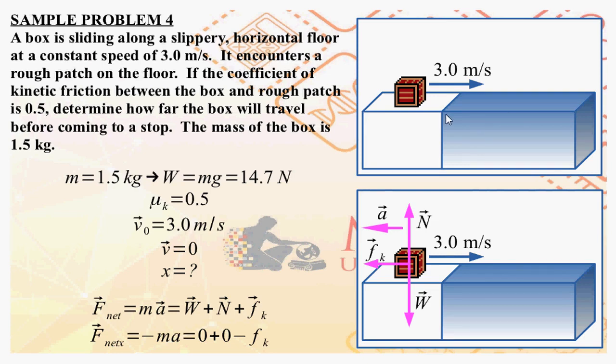But it encounters a rough patch on the floor. So, on this rough patch on the floor, there will be friction between the box and the floor. The coefficient of kinetic friction between the box and the rough patch on the floor is 0.5.